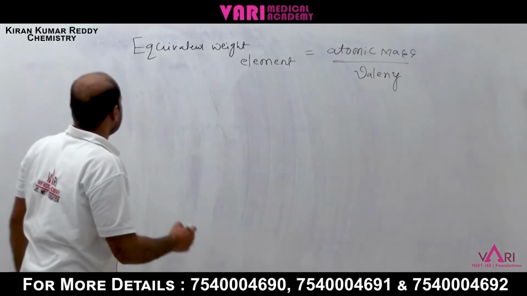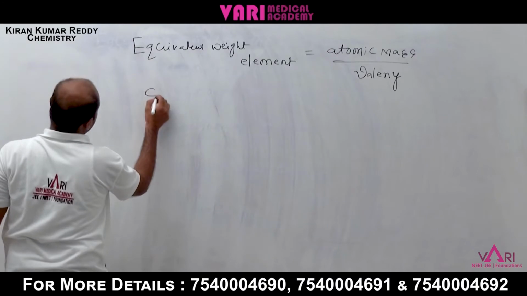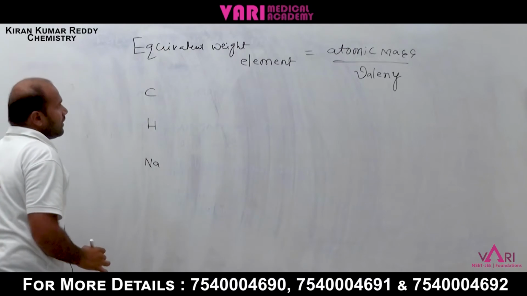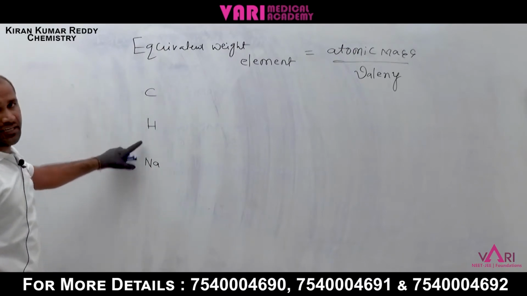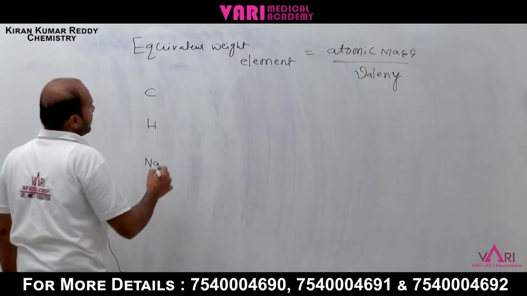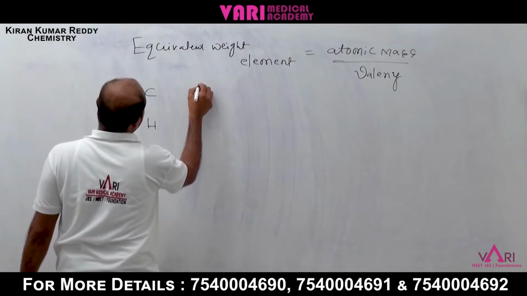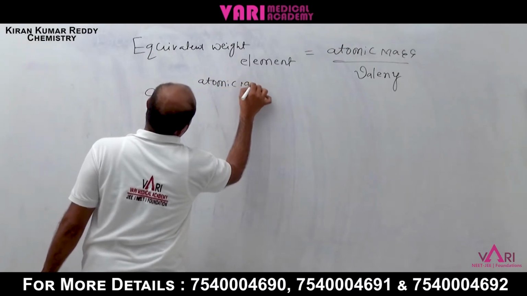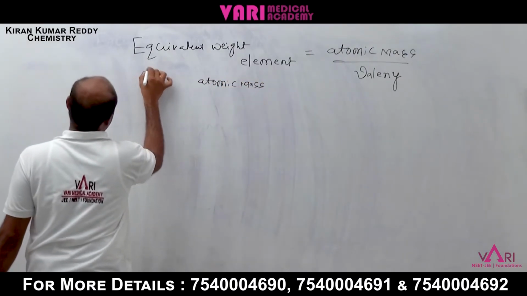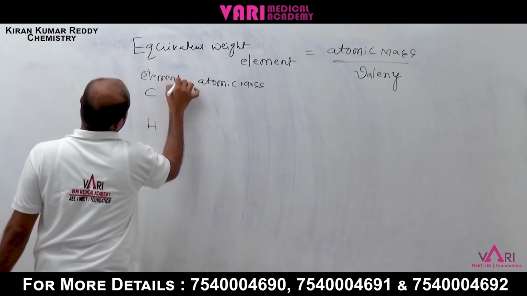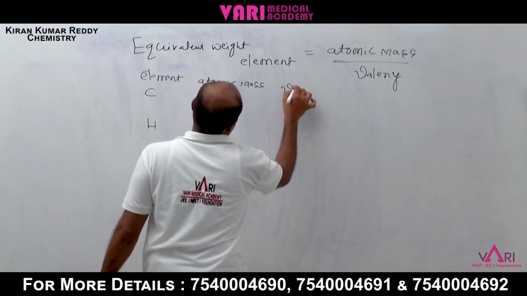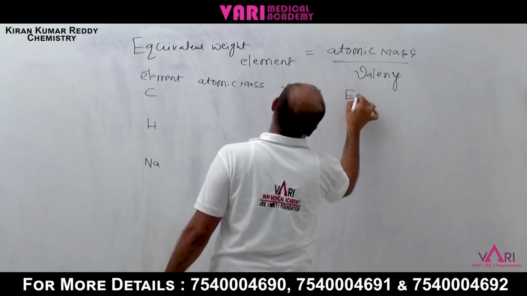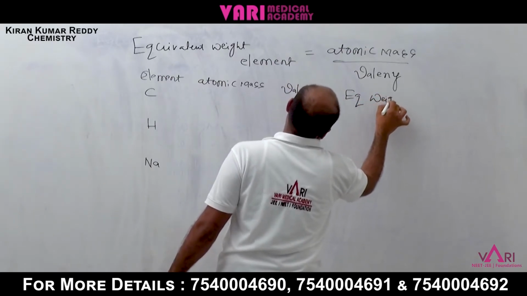We are taking some examples: carbon, hydrogen, and sodium. These are the elements. We can take the valency and atomic mass, and then the equivalent weight of the element.